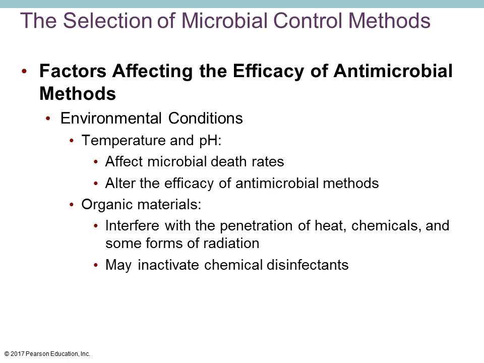Typically, the higher the temperature, the faster the death rate is going to be. Organic materials can interfere with how well an antimicrobial agent works. Sometimes high organic matter is going to inactivate some of your chemical disinfectants. Organic materials can also interfere with how well heat and chemicals can penetrate, and how well radiation can penetrate, through your substance.